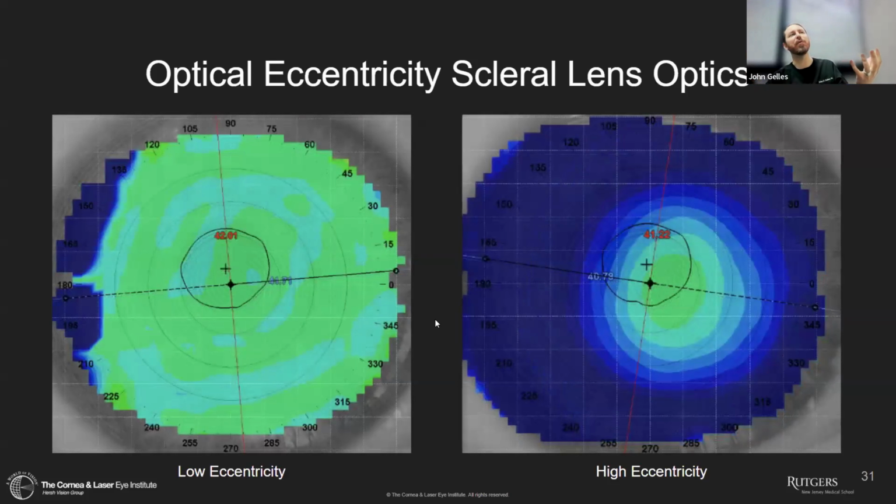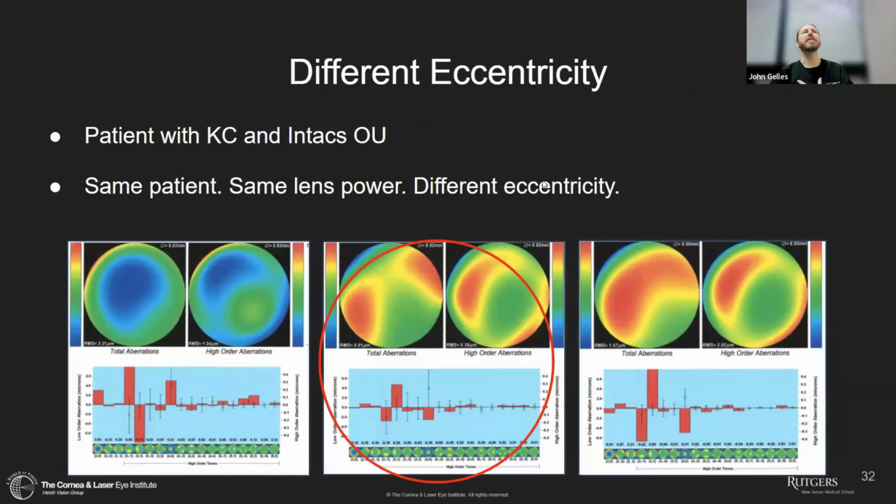This is just another view of that using a tangential map so you can see that curvature change a little bit more easily. But if we use different eccentricities, we can create different results. And the reason that we get these reductions in coma in some of these is that because the lens is decentered, spherical aberration when it's decentered is essentially coma. But this is not controllable. What we did here was a trial and error process.